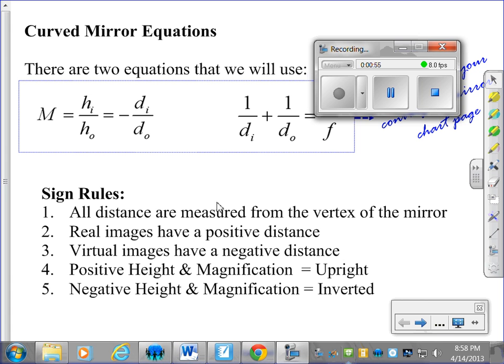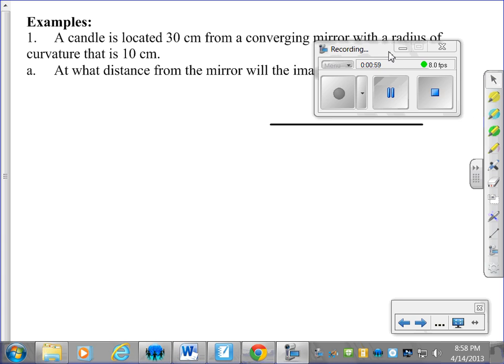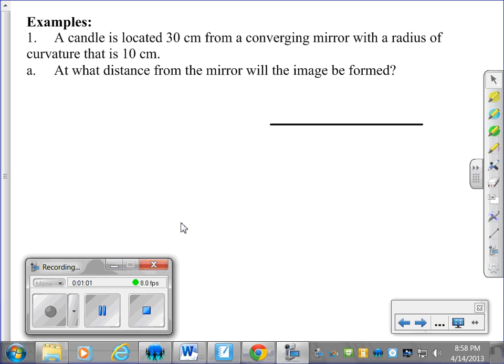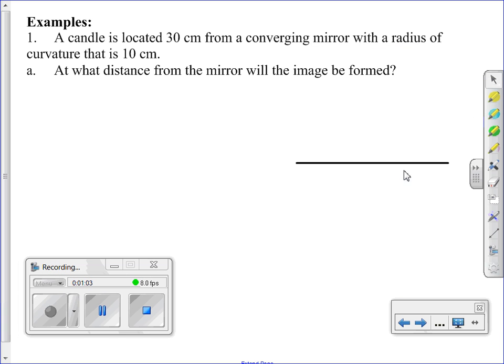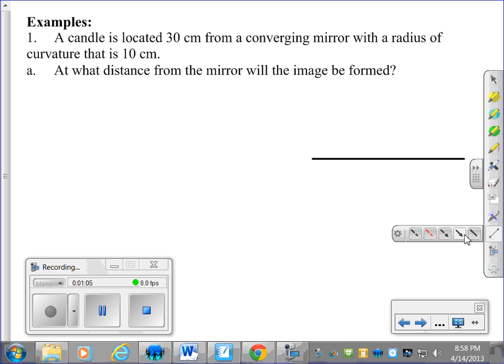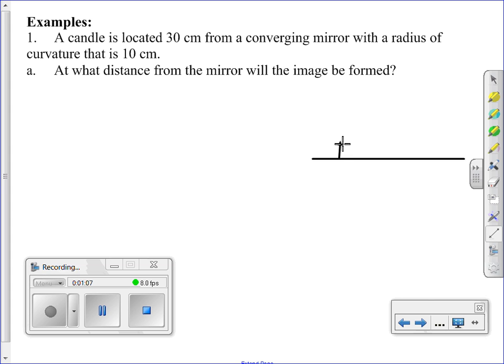So to illustrate these rules that I have written down here, we're going to go right into a problem. A candle is located a certain distance from a converging mirror. So my candle is going to be an arrow. And there is a radius of curvature of 10.